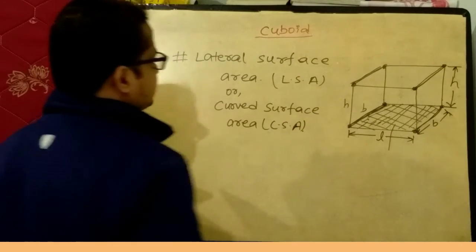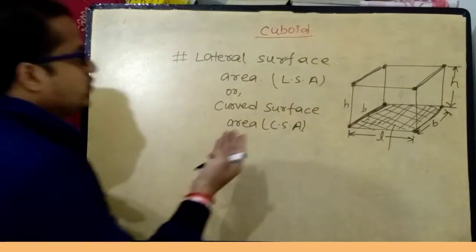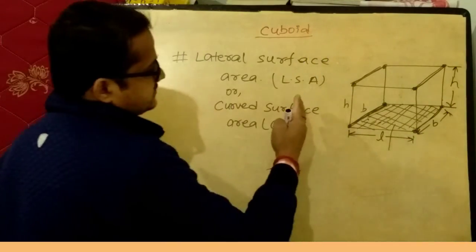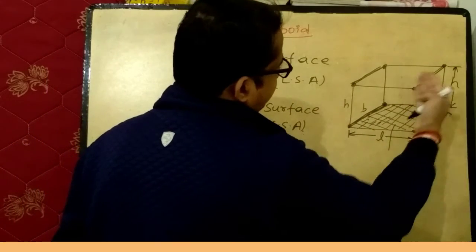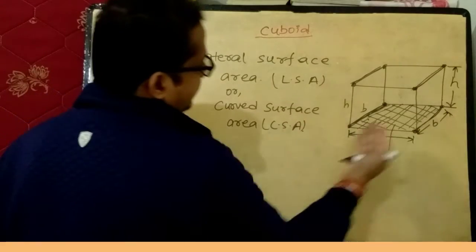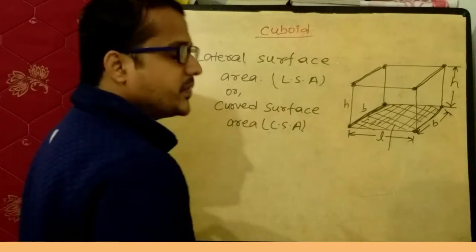In case of lateral surface area, we consider these 4 portions, that is left, right, front and back. This left, right, this front and this back side.